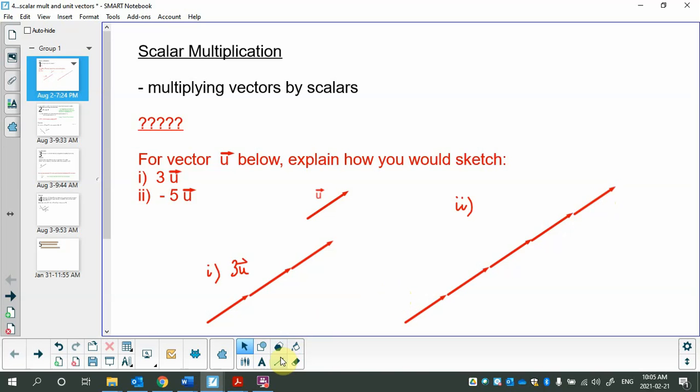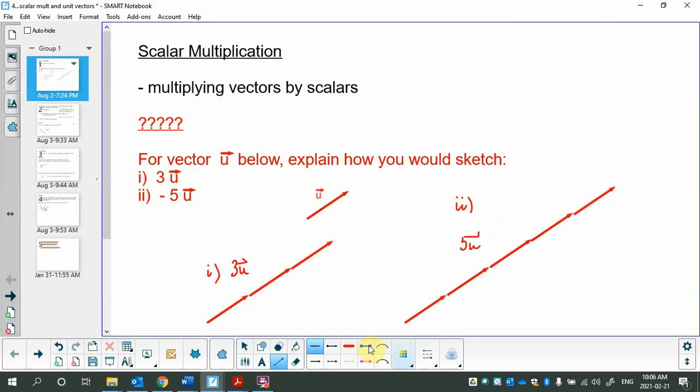That is 5u. So I'm going to write that in red because that's a red vector. As I said, it's not negative 5u, it's positive 5u.